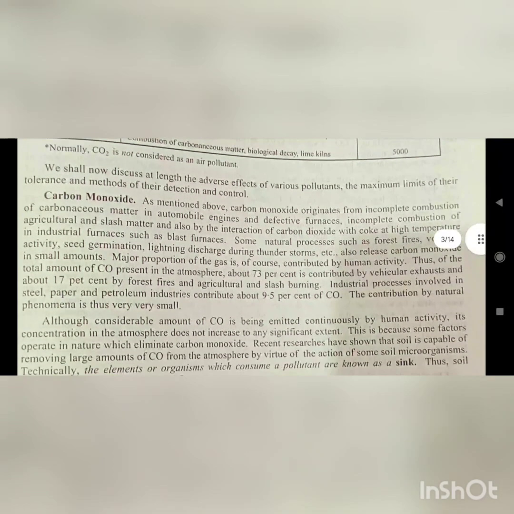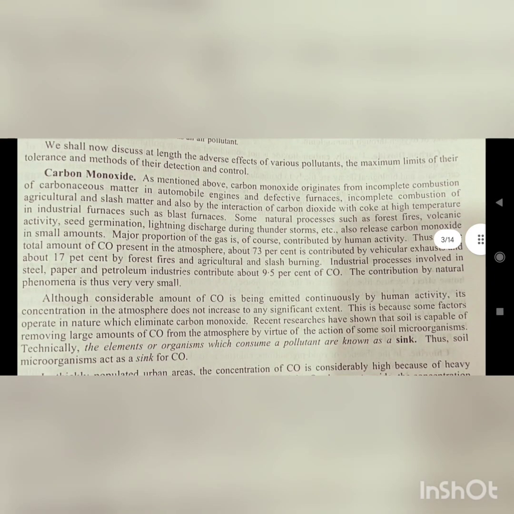We shall now discuss adverse effects of various pollutants, the maximum limit of their tolerance and method of their detection and control. Carbon monoxide originates from incomplete combustion of carbonaceous matter in automobile engines and defective furnaces, incomplete combustion of agriculture and slash burn, and also by the interaction of carbon dioxide with coke at high temperature.